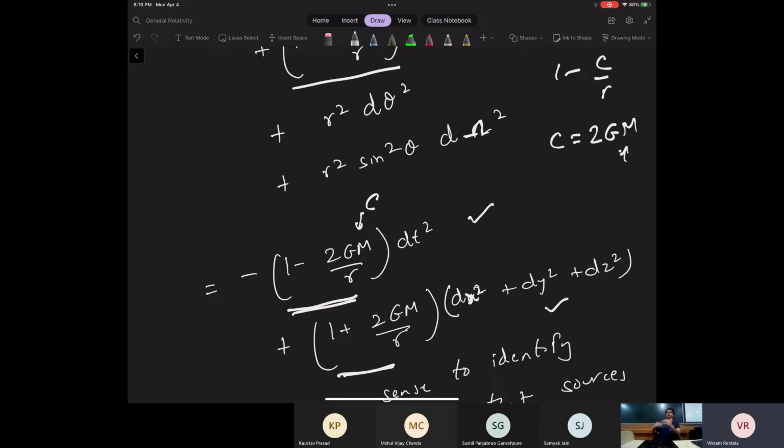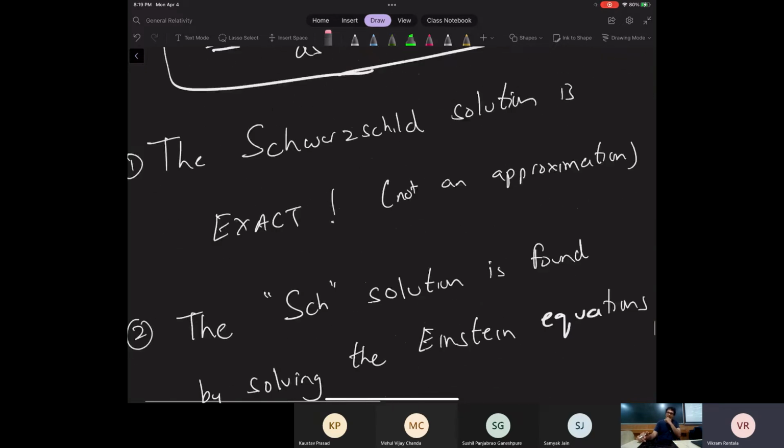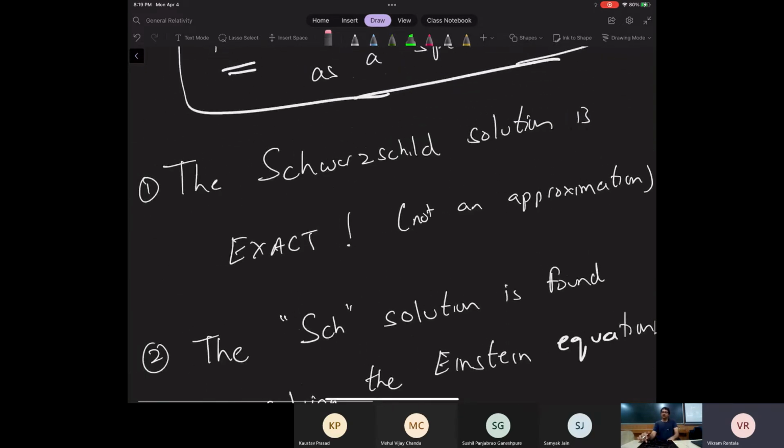If you set m equal to 0, you get additional symmetries: boosts, and translations in x, y, z, which you don't have with this solution. r equal to 0 is a special point of the solution. For general m, here are some key points. One is that the Schwarzschild solution is exact.